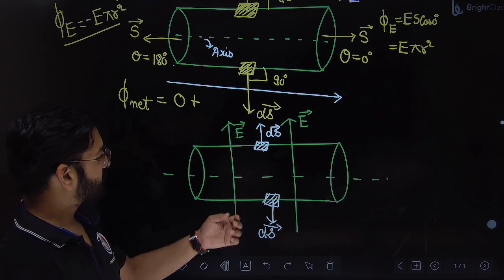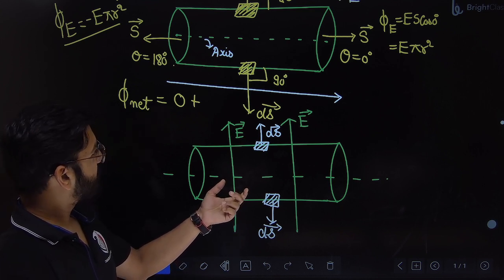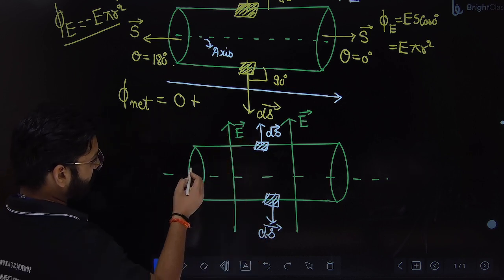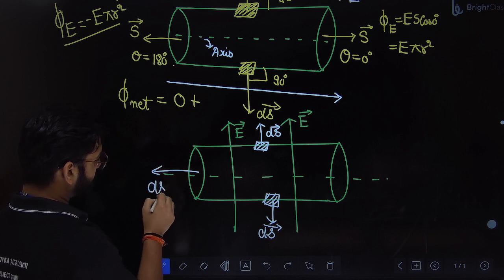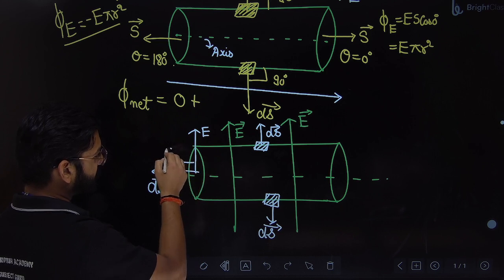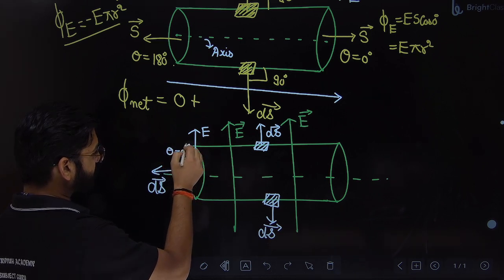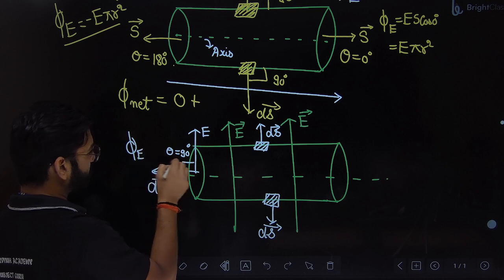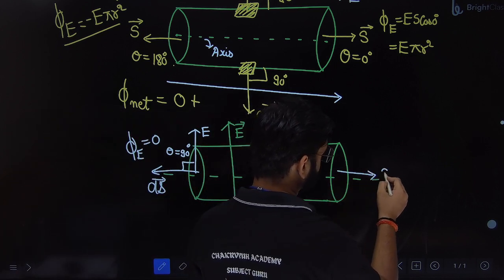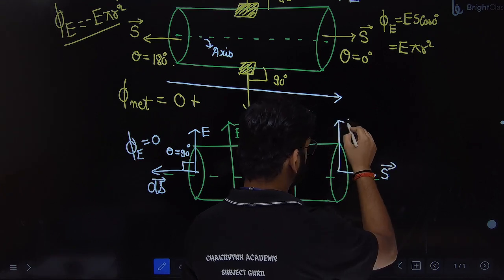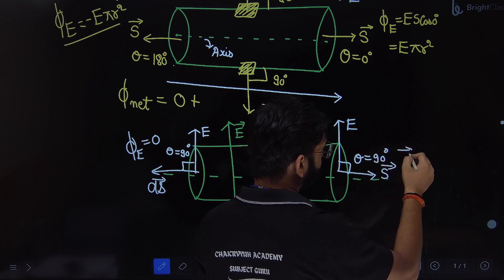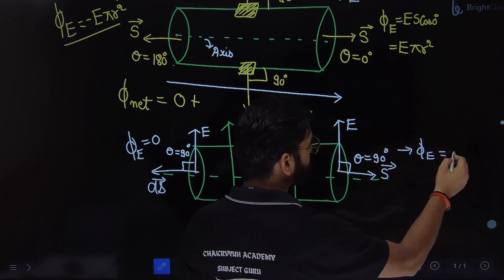So the electric flux will be contributed by this one and this one. For the area of cross section, this is basically ds vector, and the electric field is like this. So for the cross section, theta is 90, so the flux due to this will be 0. Same thing here. Theta 90, so flux due to this will be 0.